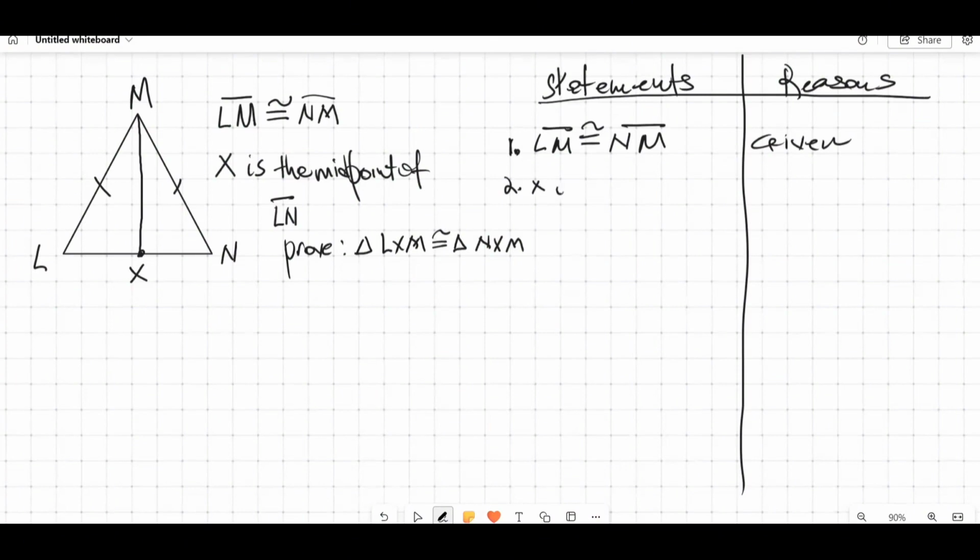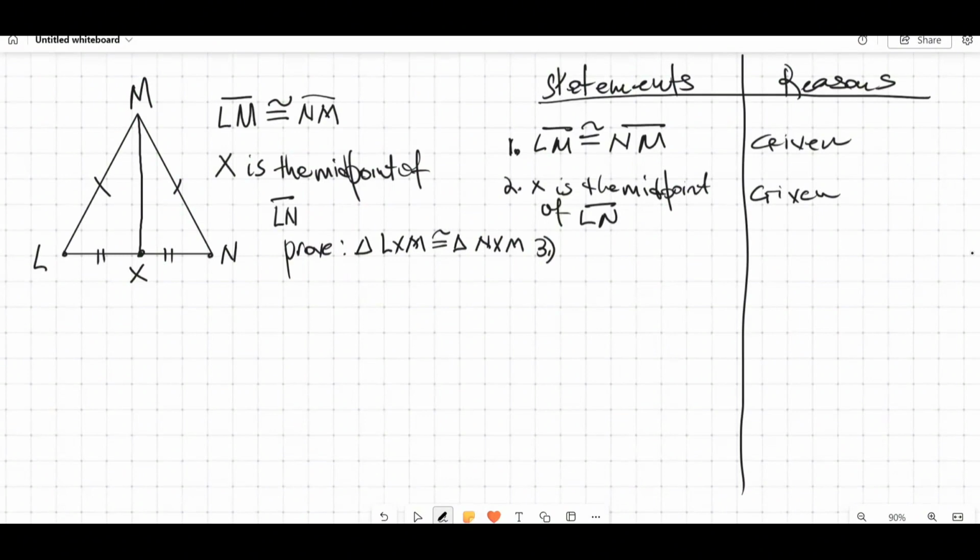X is the midpoint of LN. This is also something that was given. But with that given statement, we are able to note that this is equal to this, because the midpoint would have split the line segment from L to N. It's going to split that side into two equal pieces.